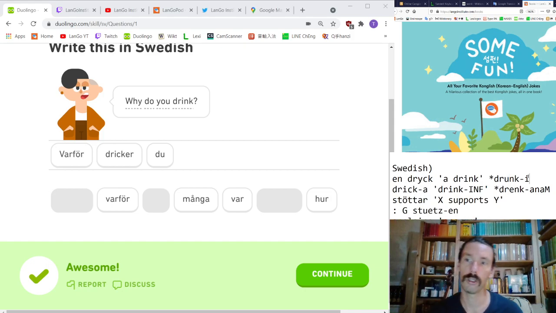Dryck. Drunkis, maybe, something. And these forms that I'm writing here are from the sort of triangulated earlier language stage, which we call Proto-Germanic, several thousand years ago.